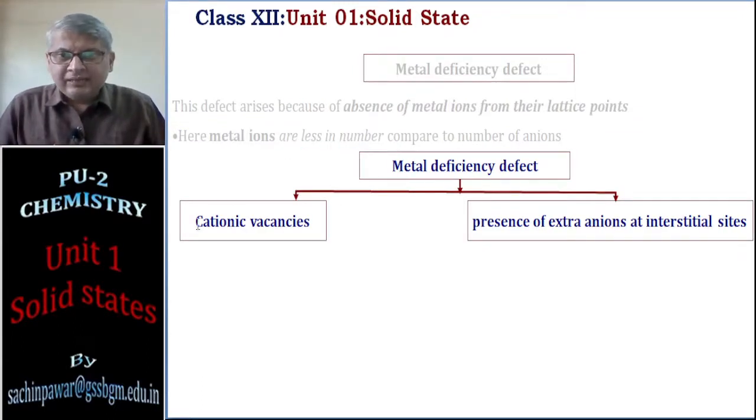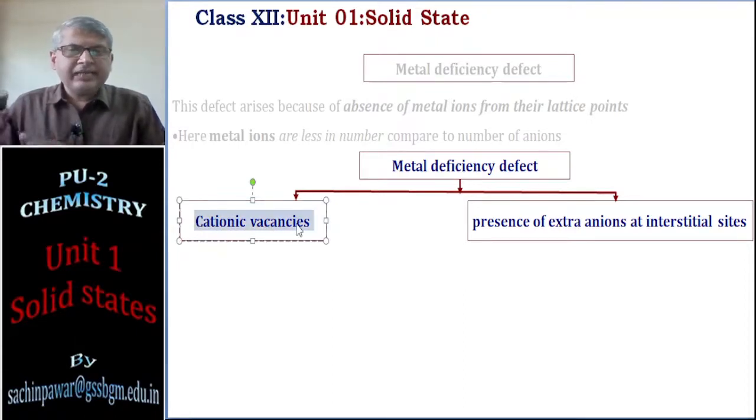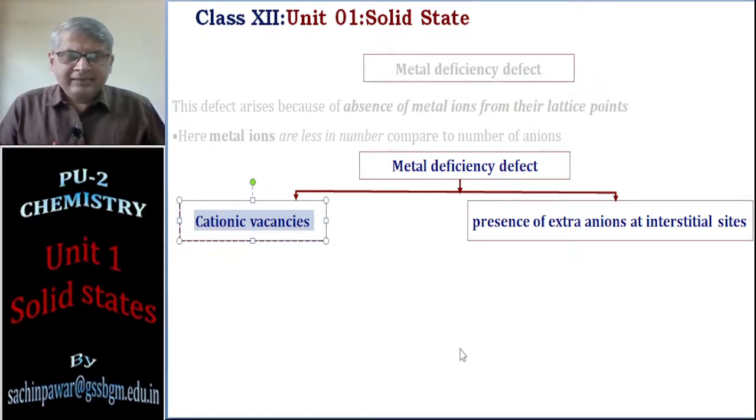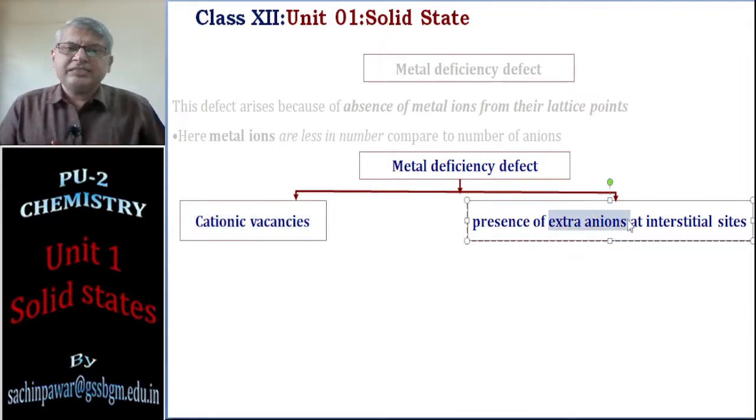And that can happen in only two ways. One way is that there can be cation vacancies. That means some cations leave their lattice site and give the empty space. Or another possibility is that some extra anion may go and sit in the interstitial site. Two possibilities are there. So metal deficiency defect can take place in two ways.